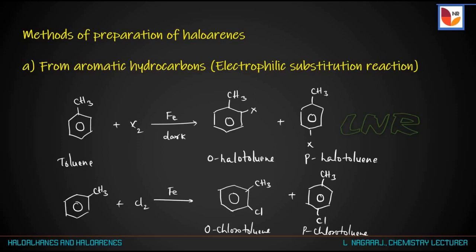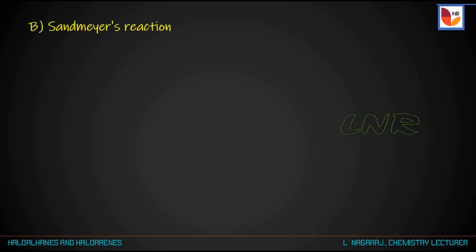And the next method of preparation of haloarenes is the Sandmeyer reaction. When a primary aromatic amine is dissolved in a cold aqueous mineral acid, the primary aromatic amine, that is Ar-NH2, is called aniline.